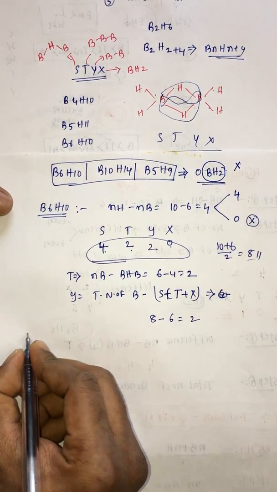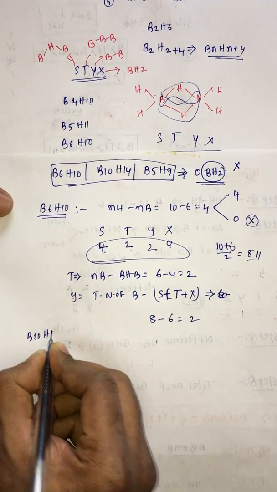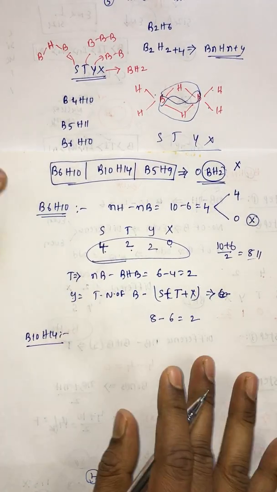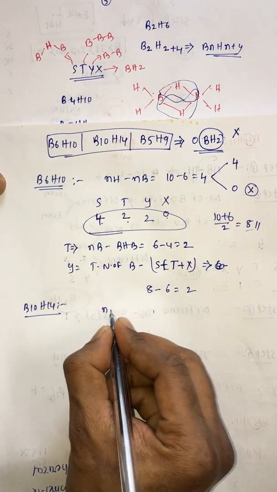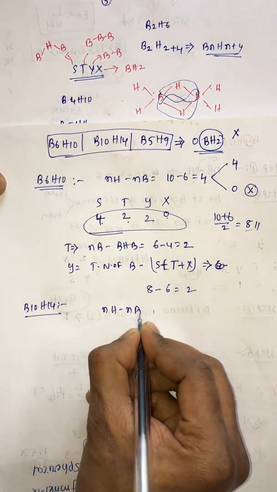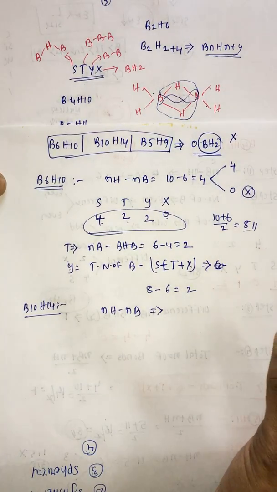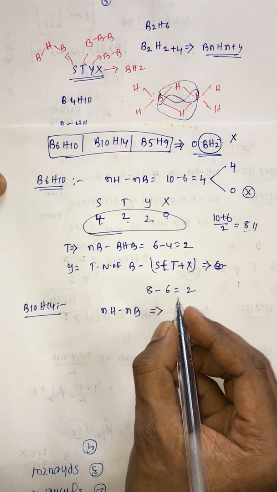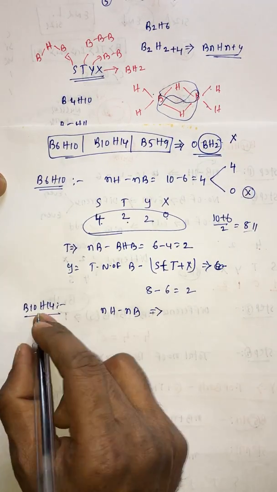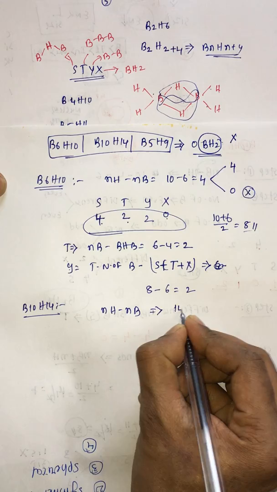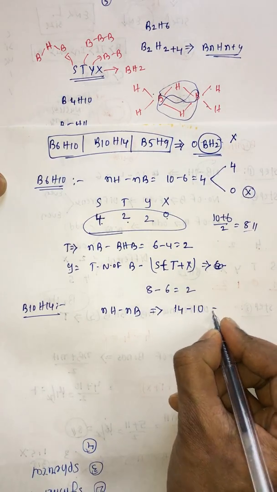And next we have B10H14. Here the number of hydrogens minus the number of borons: the number of hydrogens is 14, 14 minus 10 equals 4.